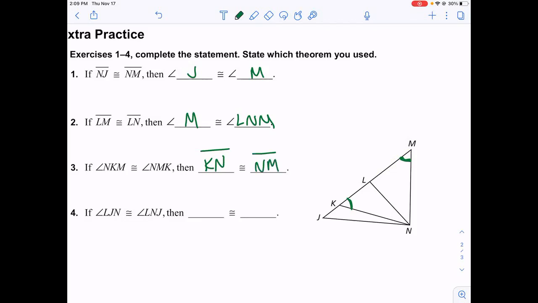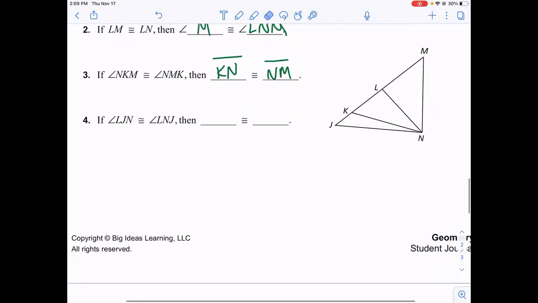Okay, do you agree with Adri that KN and NM are congruent? Okay. In number 4, LJN is this guy right here. And LNJ is this guy right here. Yeah.